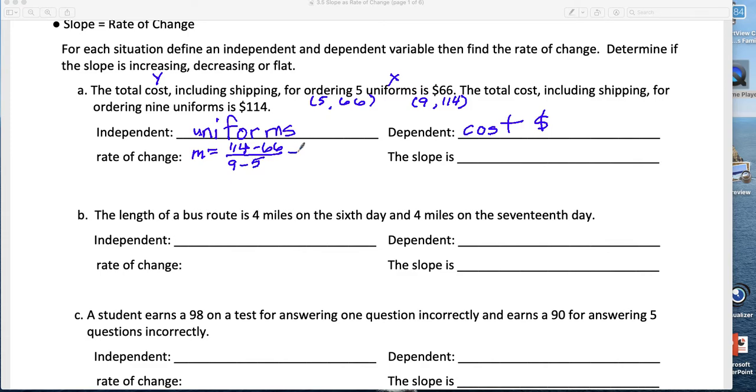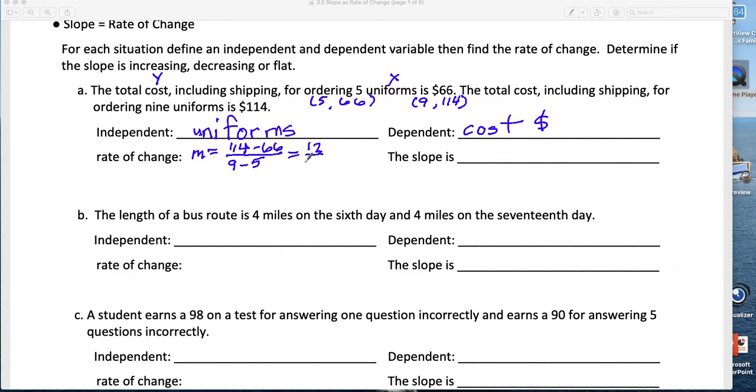And that's going to come out to, and I don't really want to go through a lot of fractions, so I'm going to run that through my calculator, which will automatically reduce that. And that gives me 12 over 1.